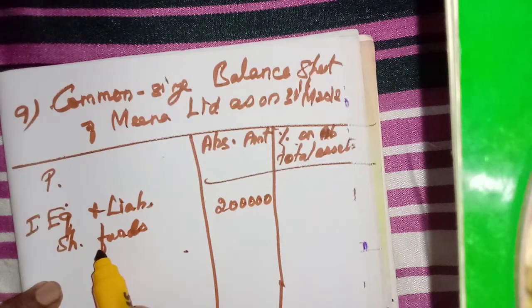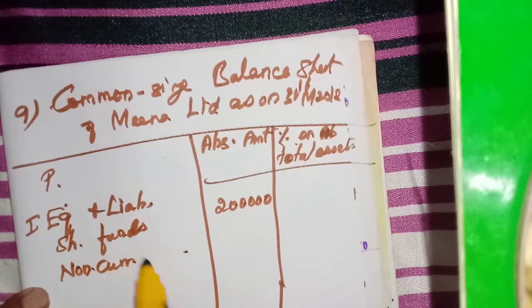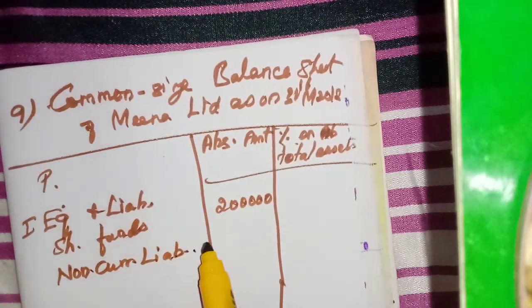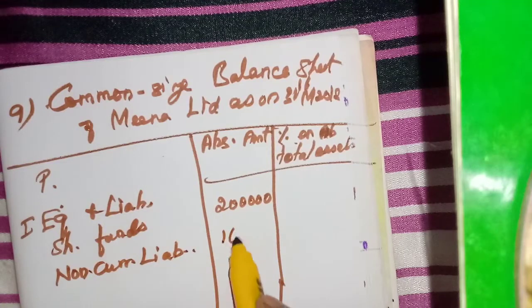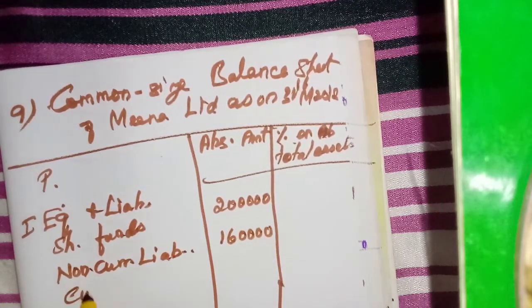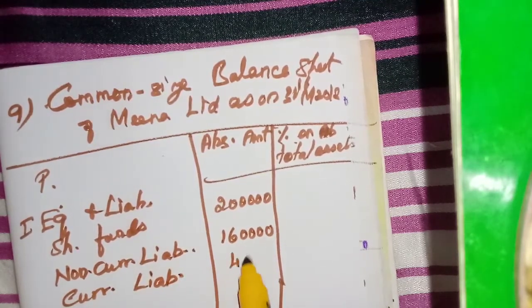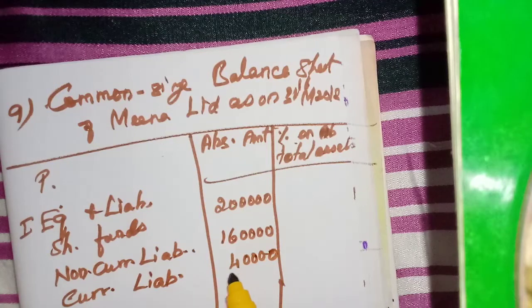Then non-current liabilities, non-current liabilities 1,60,000. Then current liabilities 40,000. Then we need to write what is given there, you have to write as it is. Okay, 4 lakh.